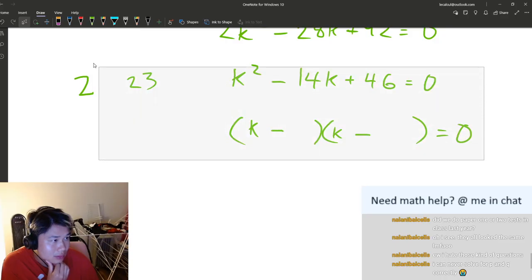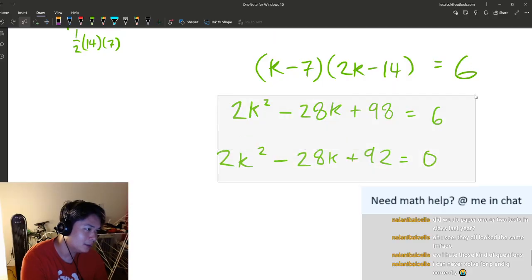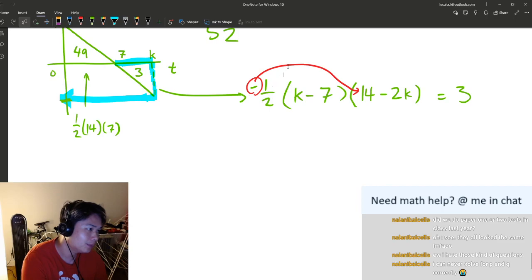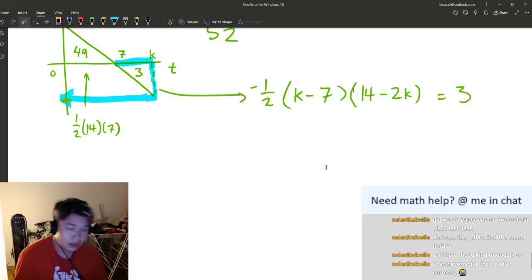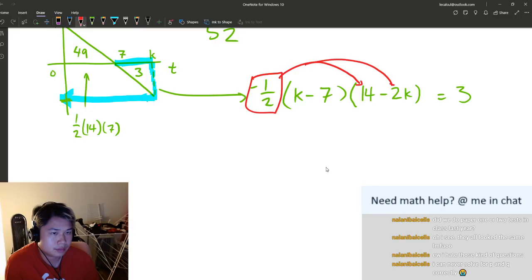Okay, let me try it the other way. It's a very, very similar approach, but maybe my algebra is messed up. It's summer. Okay, so what I'm going to do is same thing, except I multiply the whole 1/2 in, because then I'll have k minus 7, and then k minus 7 equals 3.